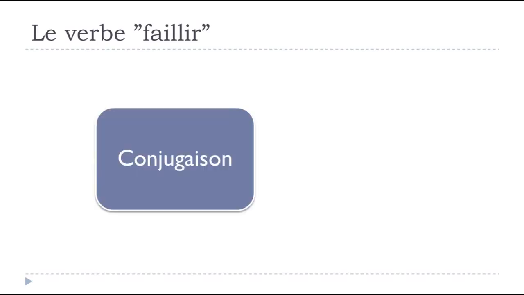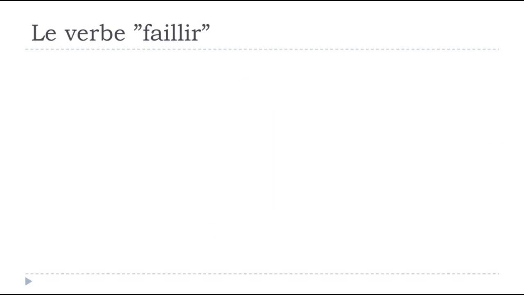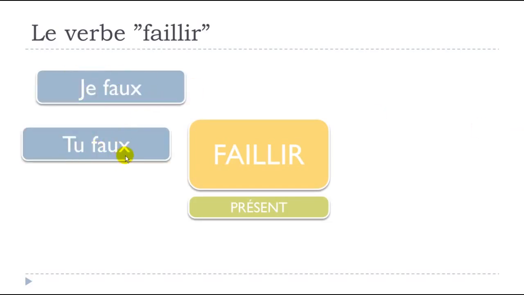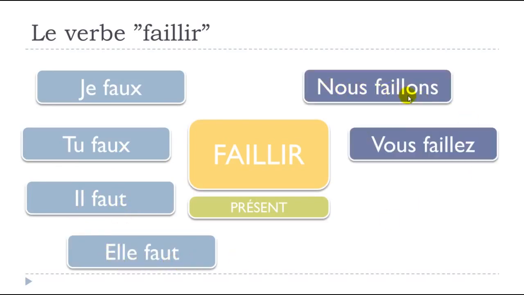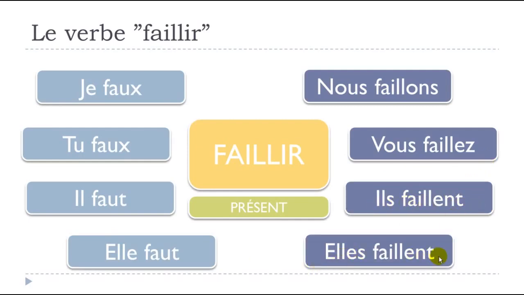Alright, but as we want to cover this verb fully, we'll see la conjugaison, and then we'll see the present form as well, because there is a good reason for that. So, faillir at the present form goes like je faut, tu faut, il faut, elle faut, nous faillons, vous faillez, il faille, elle faille.